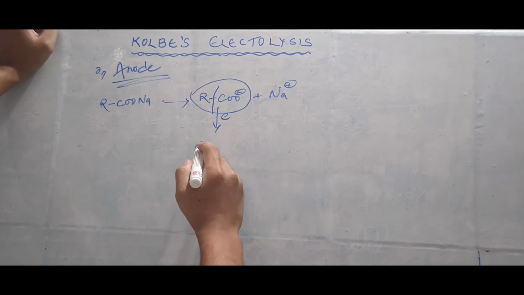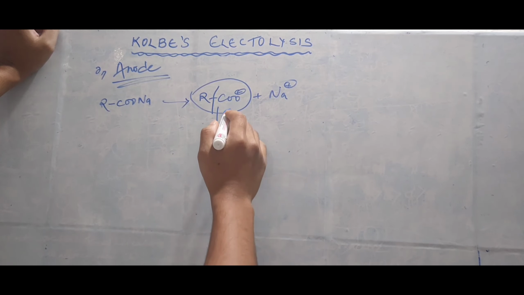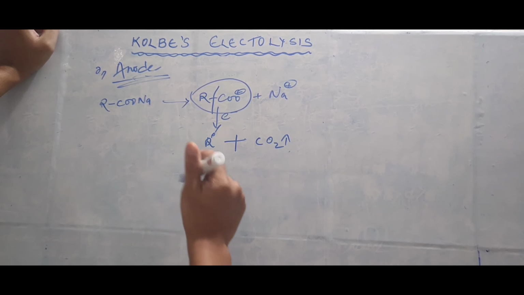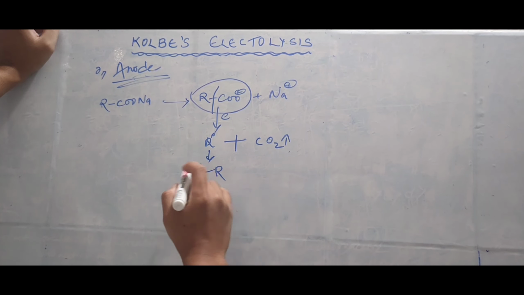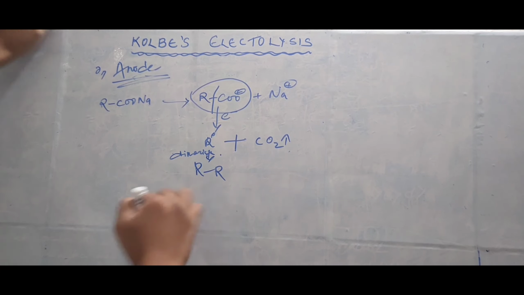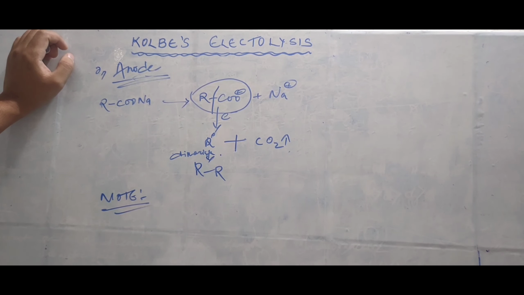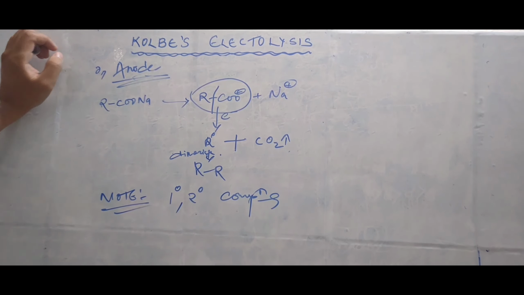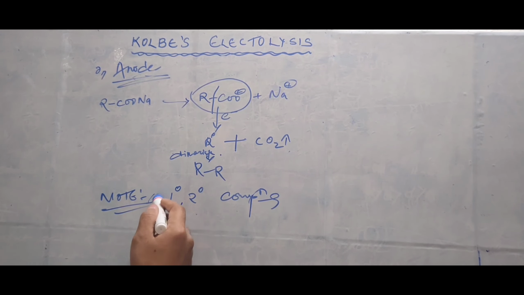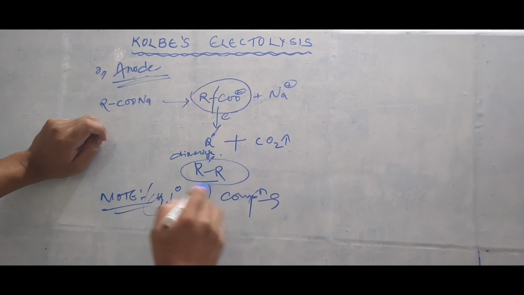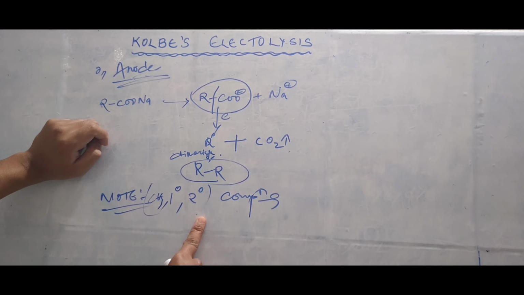From RCOO-, an electron is liberated, and the bond between R and C breaks radically, with each atom keeping its own electron. The extra electron from COO- is liberated, which is helpful at the cathode side.